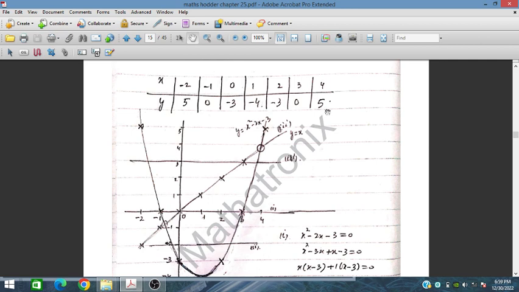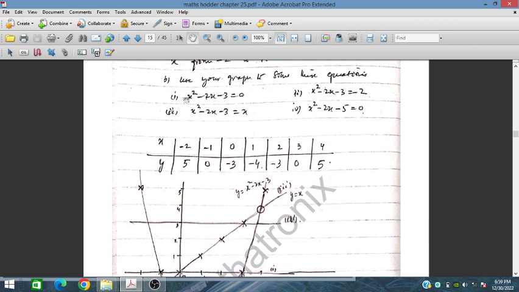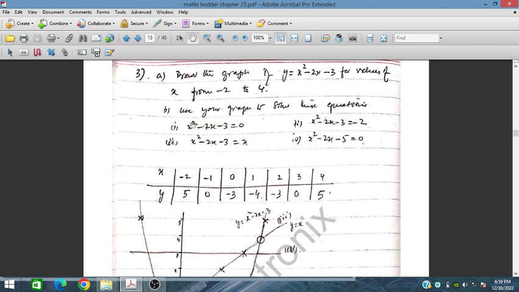So this is the first part, the a part, and now in the b part we use this graph y is equal to x square minus 2x minus 3, this parabolic shape. We have to solve the following equation number 1, that is x square minus 2x minus 3 is equal to 0, which means y is equal to 0. When y is equal to 0, y is always 0 on the x-axis.